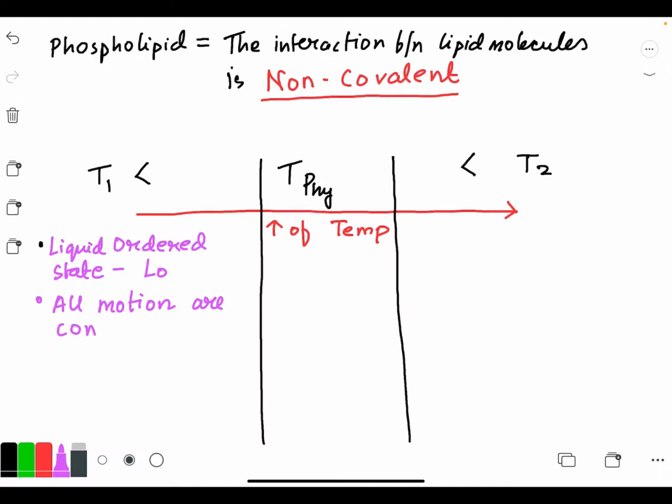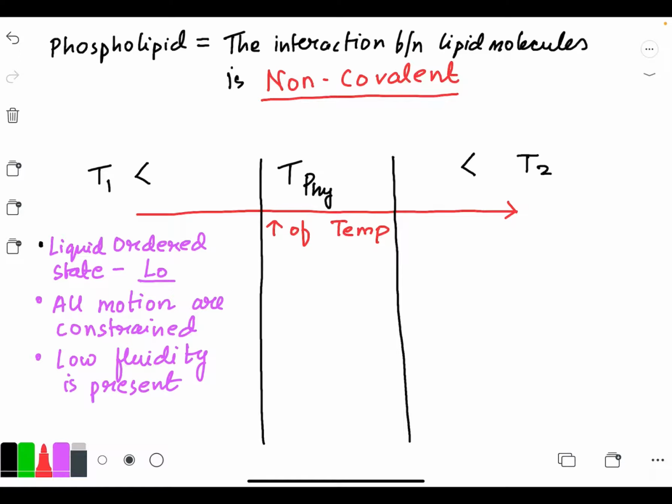Okay, all motions are constrained, and low fluidity is present in this state, right? And the membrane is comparatively less fluid than at the physiological temperature, and this is known as the liquid ordered state.